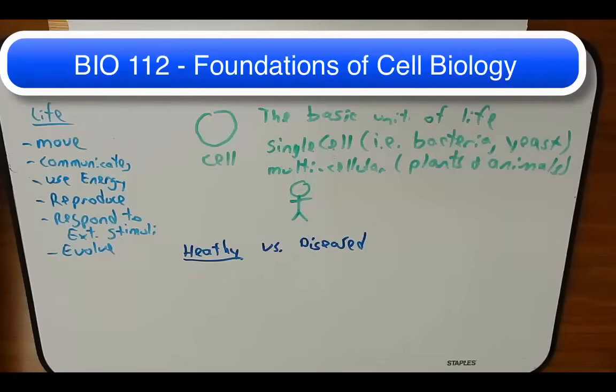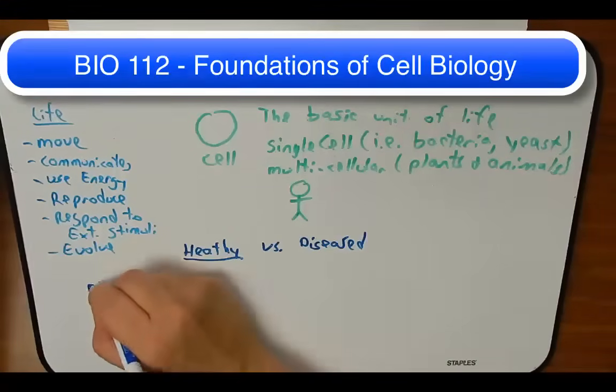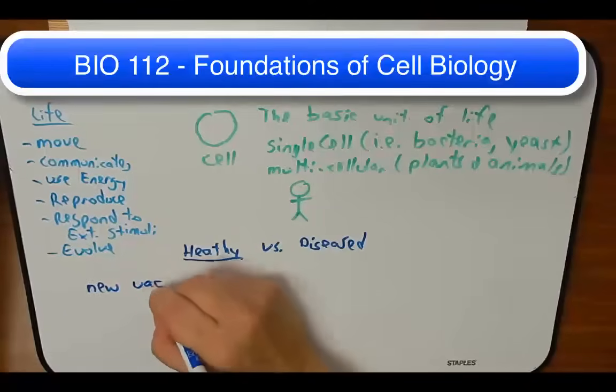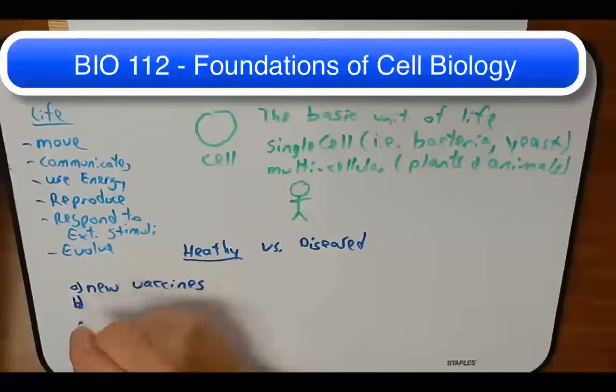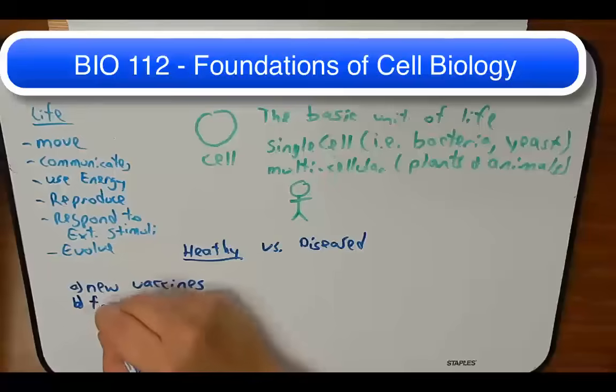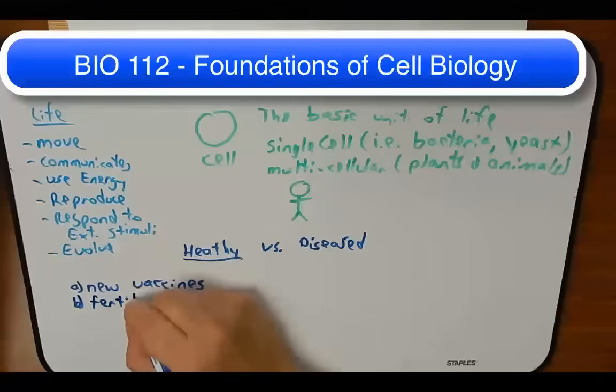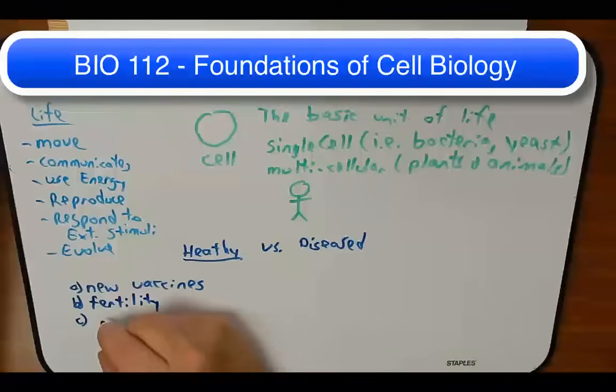By understanding these concepts of life and understanding a healthy cell, healthy organisms, diseased cells, diseased organisms, it leads to lots of different things, some of which you've learned about in other classes, you've seen in the news, but we can certainly think about new vaccines. Understanding this will help us understand fertility and ultimately infertility.